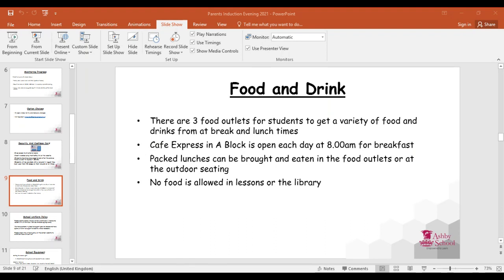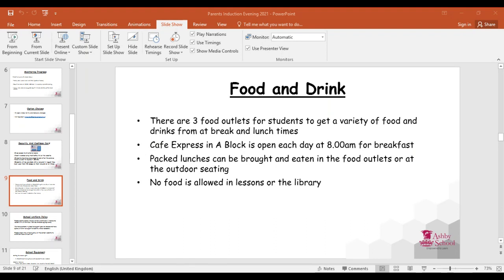We have loads of different things on offer for those students. 2 of those food outlets are inside, and then we have loads of picnic benches and canopy areas outside for students to enjoy, especially on those hot summer days. And there's a hut outside where they can grab something quick if they prefer. There is a breakfast option as well in one of our canteens from 8 AM if the students want to pop in and have a drink and some breakfast.